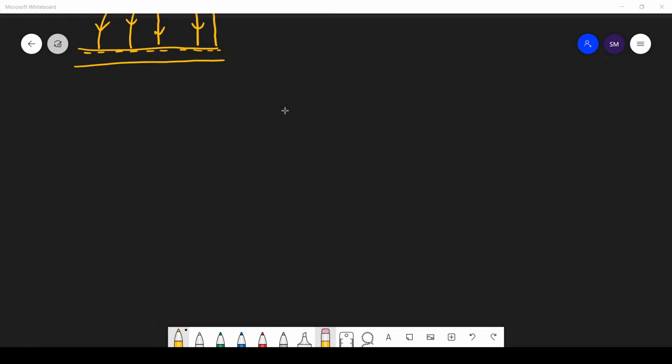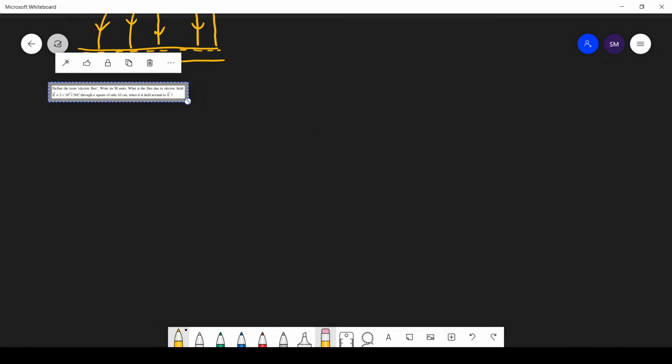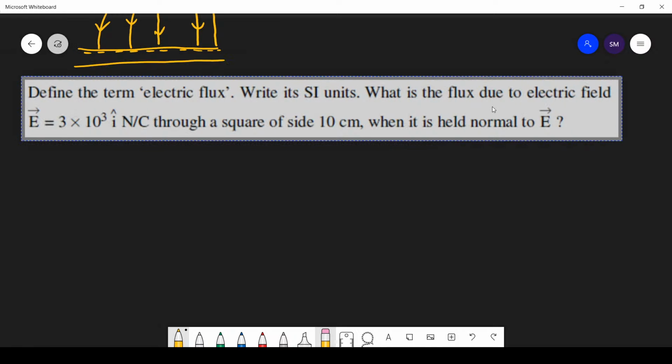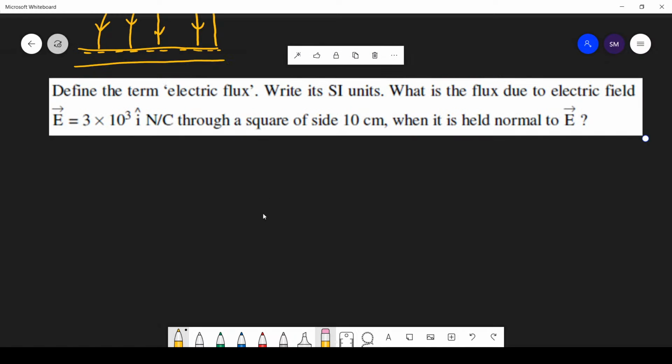So what is electric flux? What are its units? And if the electric field is given to you, then how will you find the flux due to the electric field?